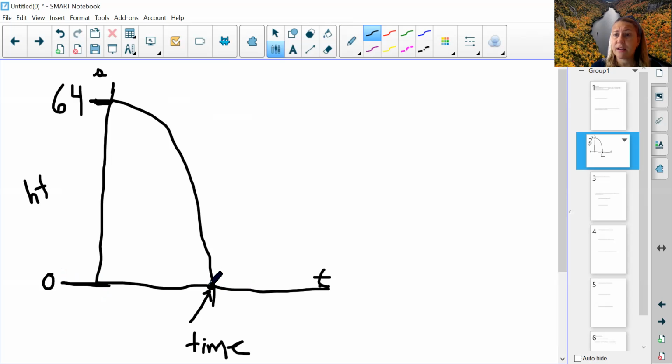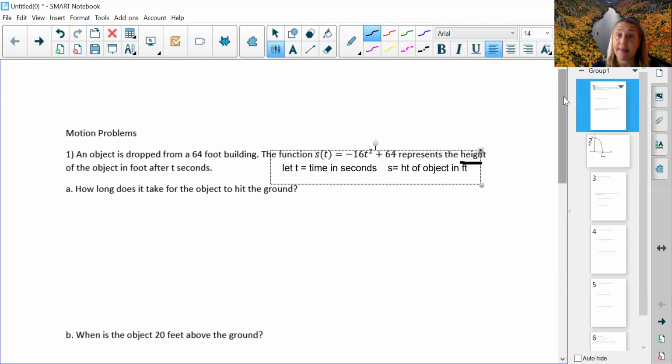So I could either use my graphing calculator to find the x-intercept, because in the graphing calculator we'd have to put in x and y rather than t and s. Or I could do this algebraically. We're going to use a combination of doing things algebraically and then using technology. So I would want to put in a 0 for s of t, the height.